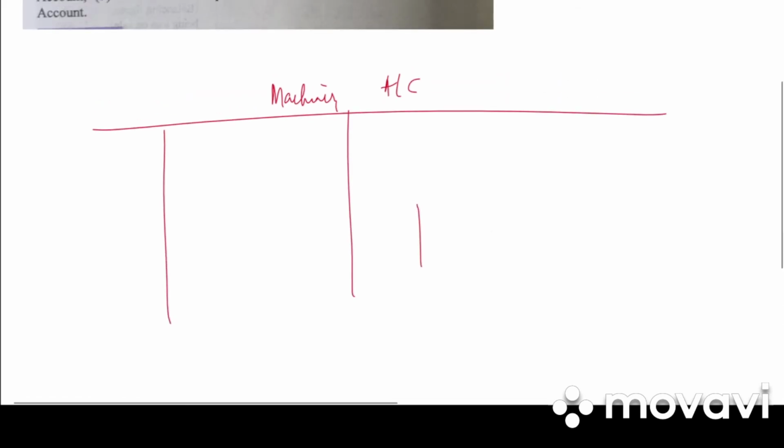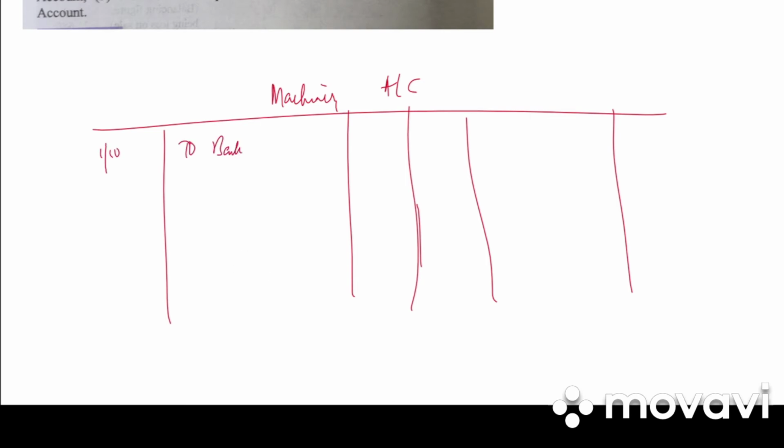depreciation. So first, a normal machinery account: date, particulars, amount, date, particulars and amount. 1st October to bank account 6 lakh. 31st March by balance carried down 6 lakh.